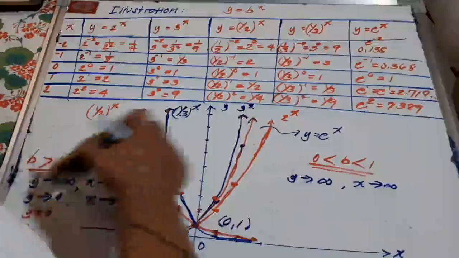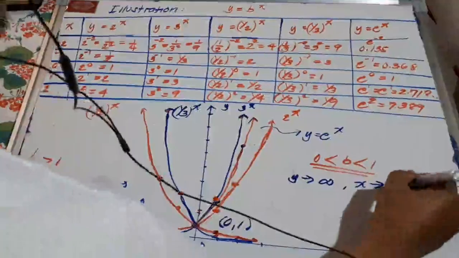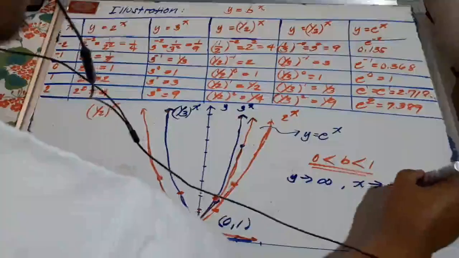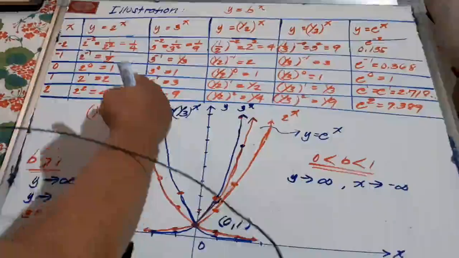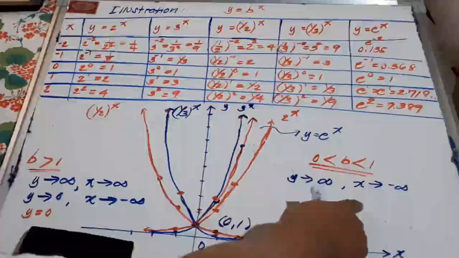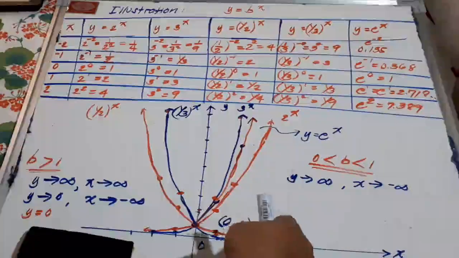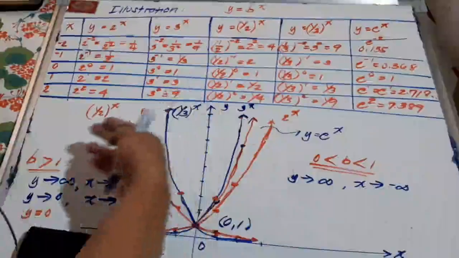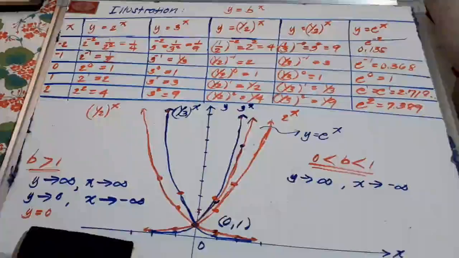Sorry, negative infinity kasi kumakaliwa. Okay? If y is approaching to positive infinity, yung ating x is approaching to negative infinity. Okay? Kasi tumataas, kumakaliwa yung ating curve for values of b that is between 0 to 1.